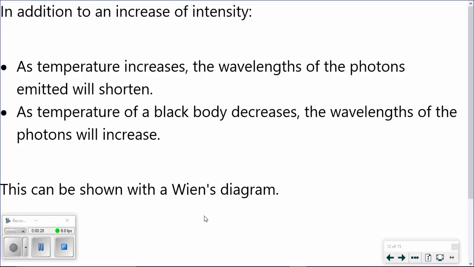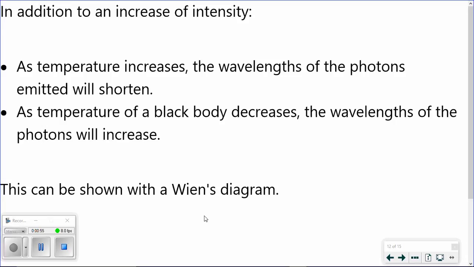And it began to glow because the type of energy that was being emitted from that steel rod shifted from a wavelength that we could not see into visible light. So it took an increase in temperature to shorten the wavelength in order to see that glow.